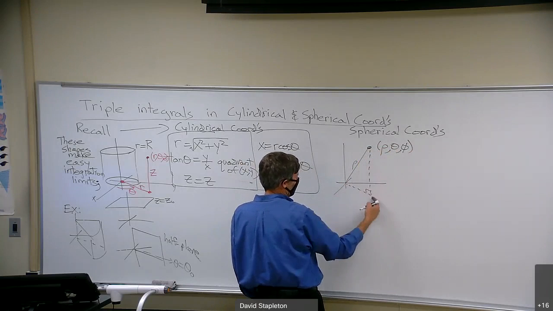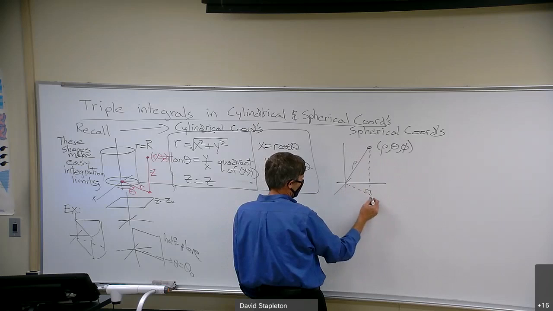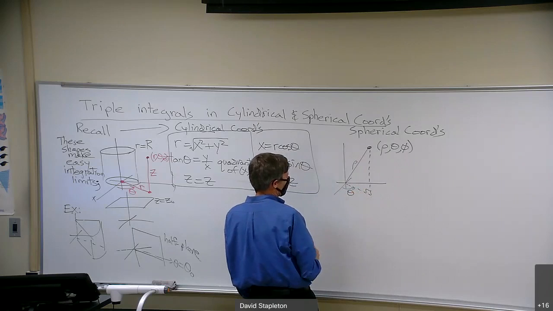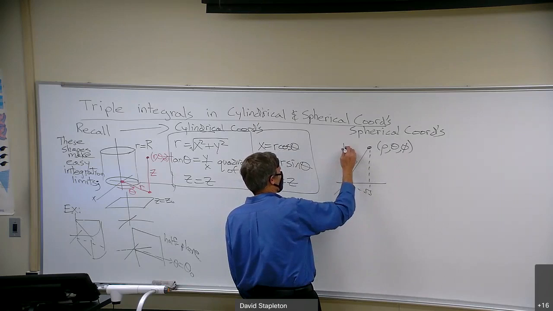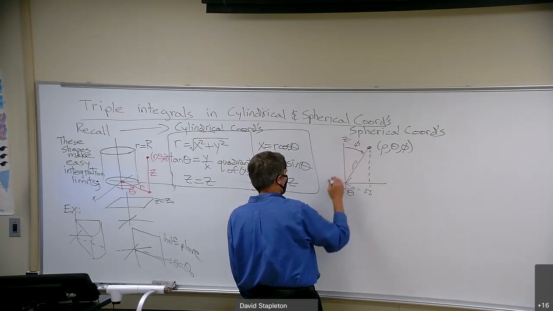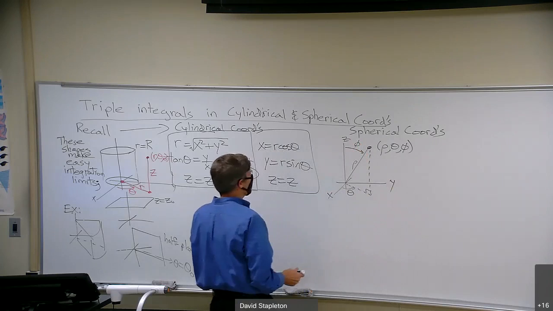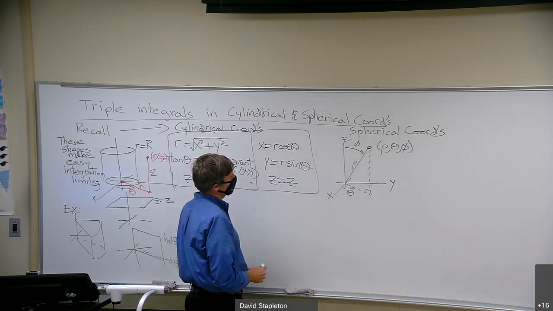So as you drop a perpendicular to the XY plane, I won't draw this solid this time because it's not giving a coordinate. But then this line over here, the angle on the XY plane, is still called theta. And then the third coordinate is phi, the angle down from the z-axis. So there's rho, theta, and phi for spherical coordinates.